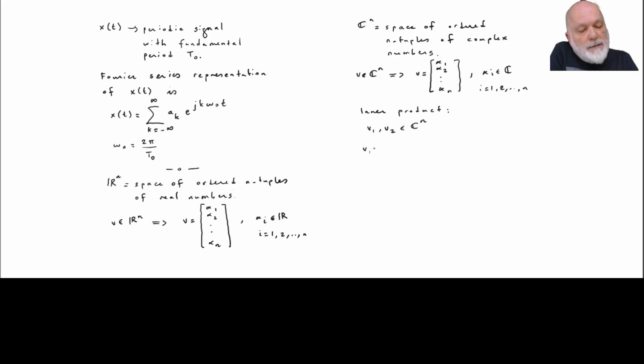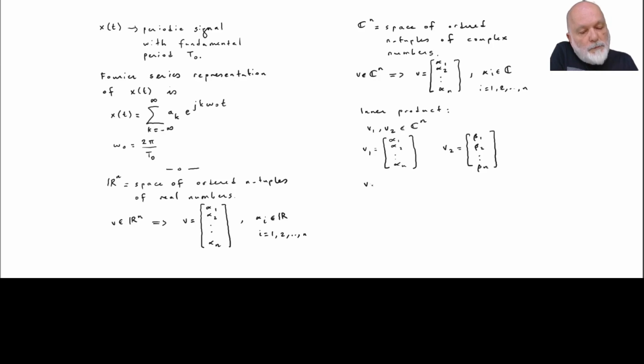So V1 is alpha 1, alpha 2, up to alpha n, and V2 is beta 1, beta 2, up to beta n.